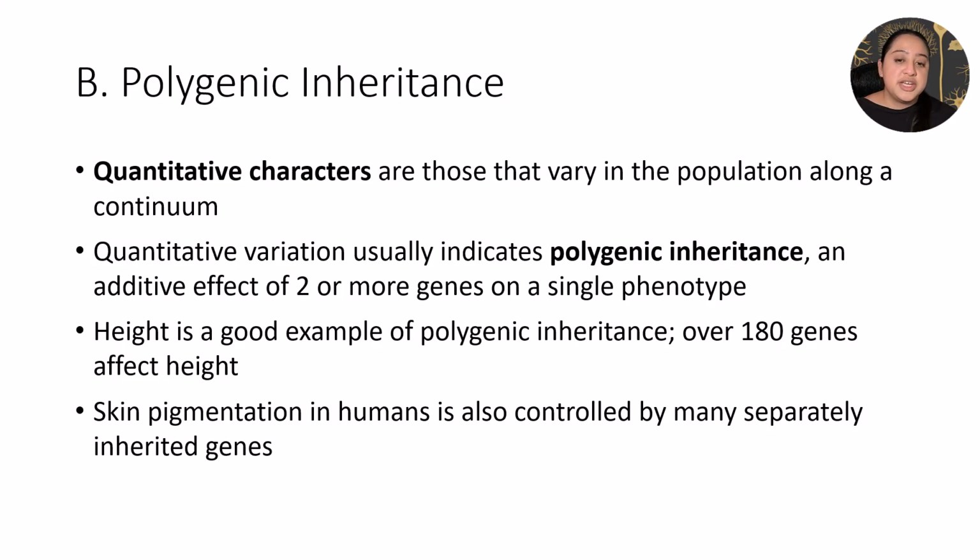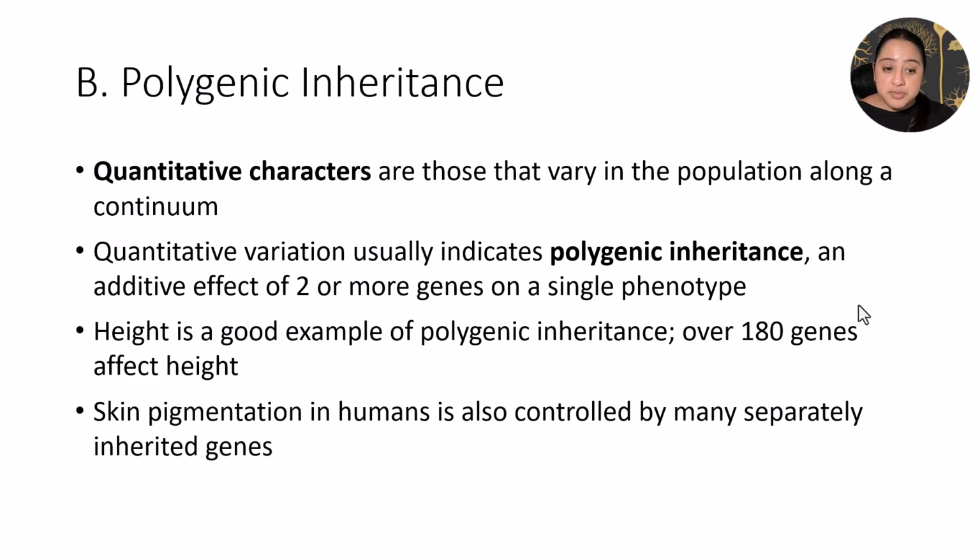Polygenic inheritance is an additive effect of two or more genes on one phenotype. Height is a good example. We're all a range of heights. It's not just 5 feet or 6 feet. There's a range, and that's because there are over 180 genes that affect height. So all of these different genes affect this one phenotype.